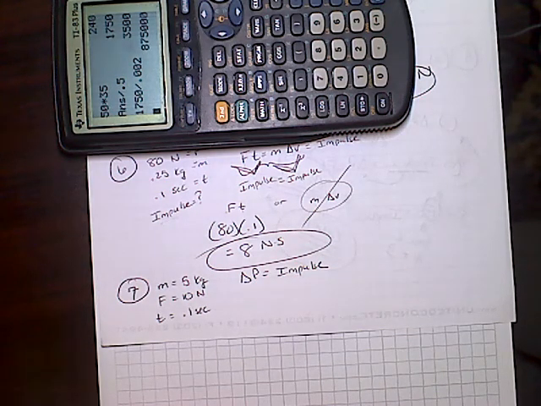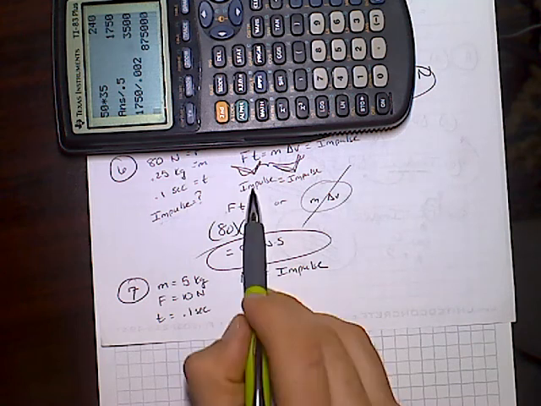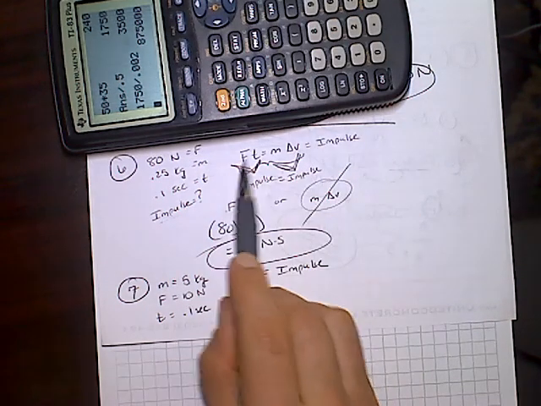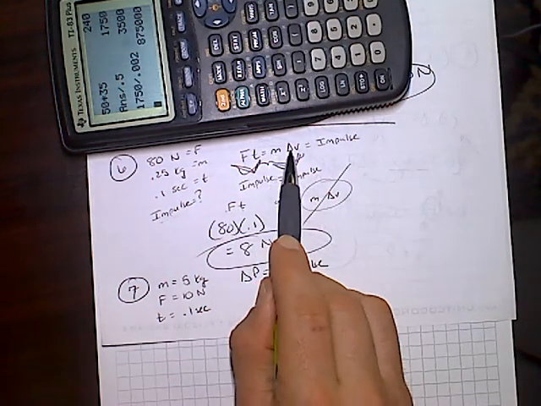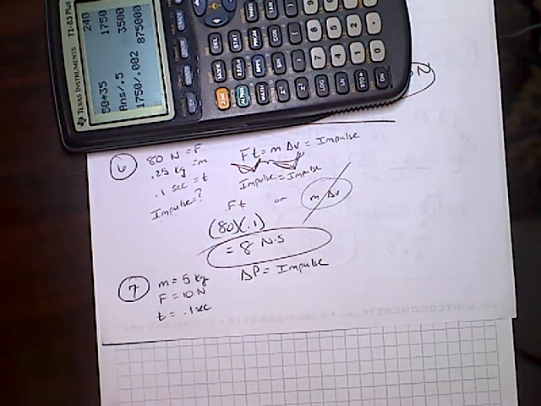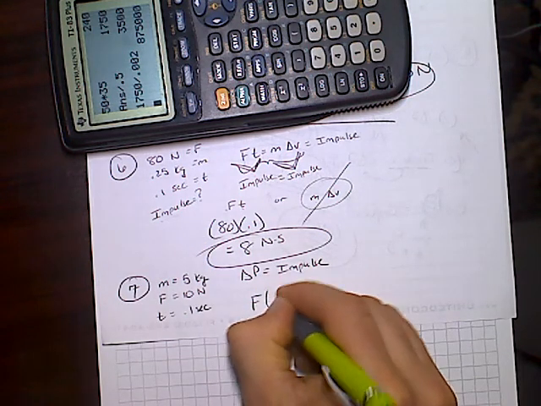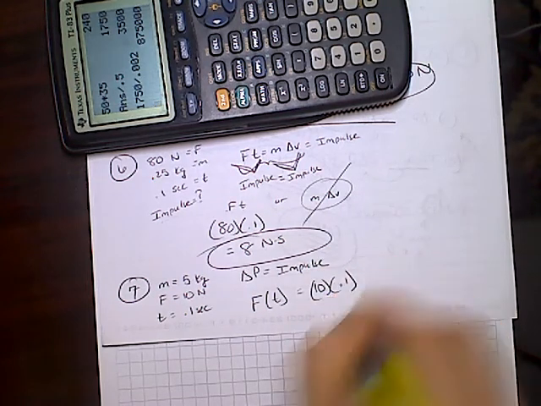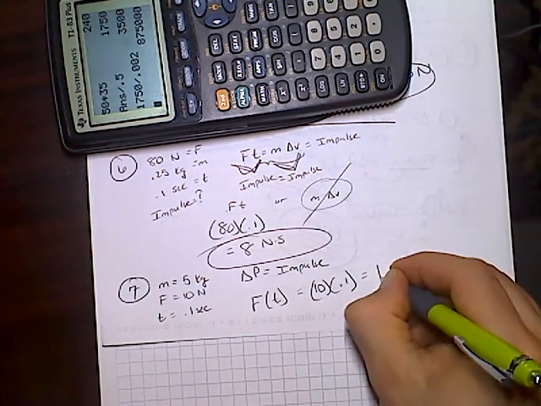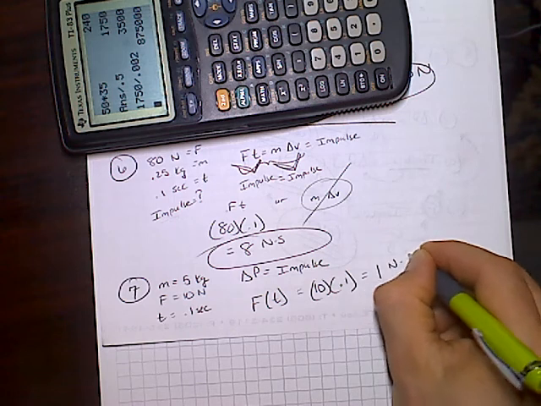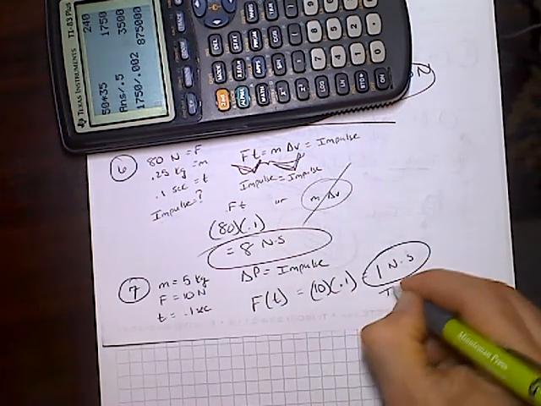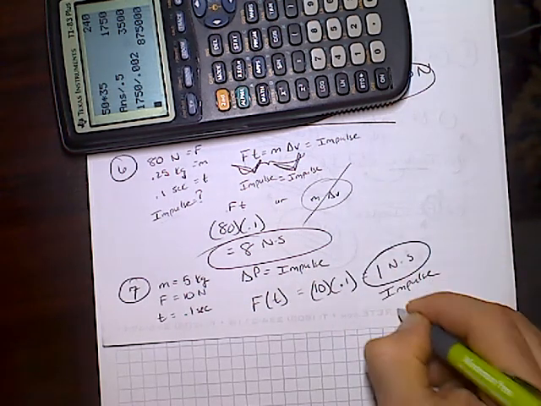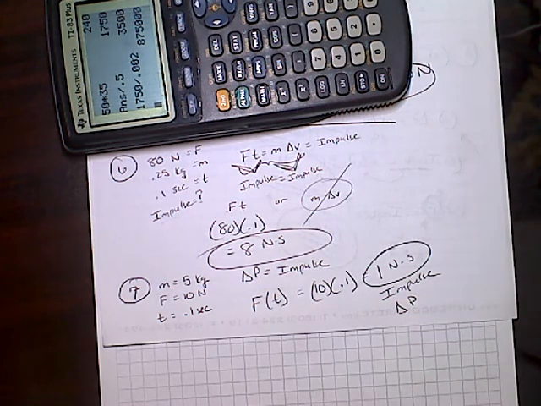And we just learned that impulse is really F times t or m times delta v. So just do the F times t again. 10 times 0.1, we get 1 newton second. That is our impulse. That is also our change in momentum.